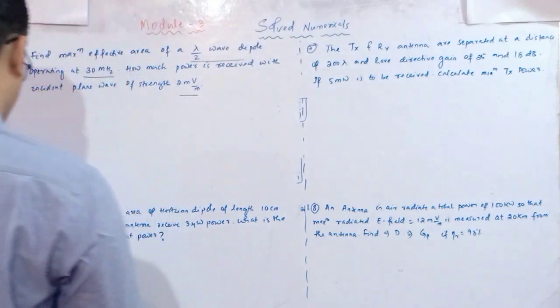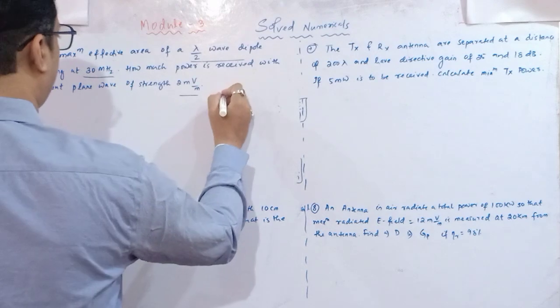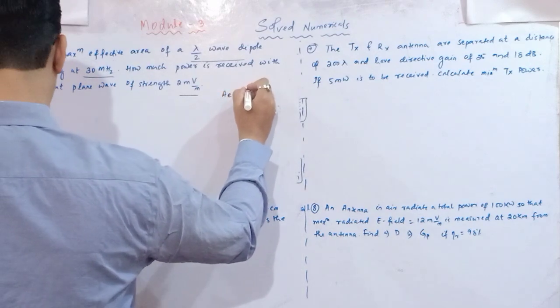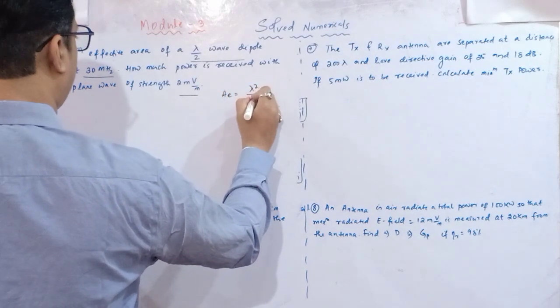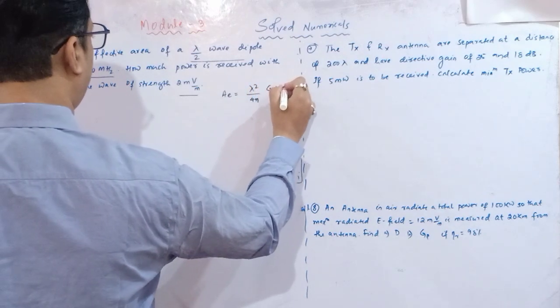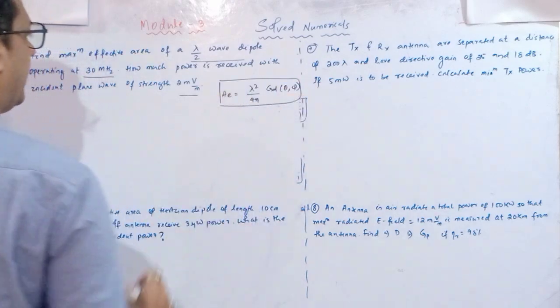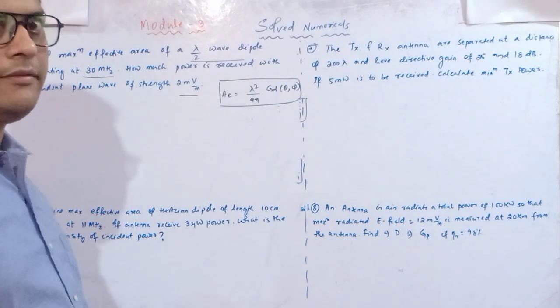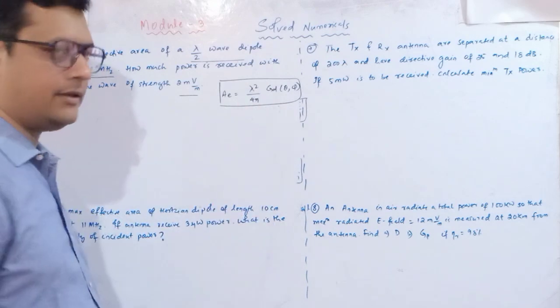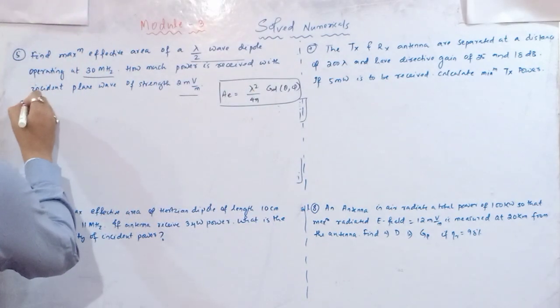Now for the effective area, we have the relation A suffix E is equal to lambda square divided by 4 pi into GD theta comma phi. So this is the relation we have already derived in the previous class. Now we only have to determine these unknown components step by step. First one is our wavelength.